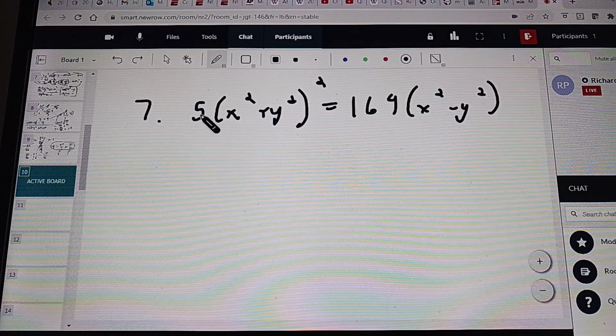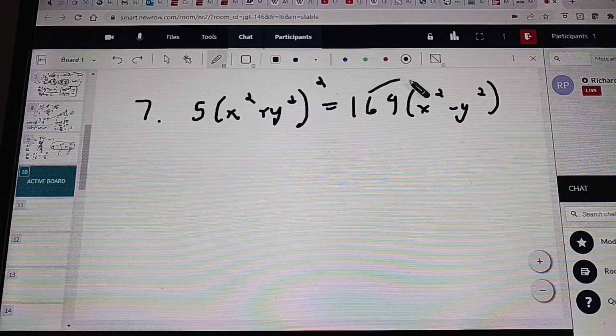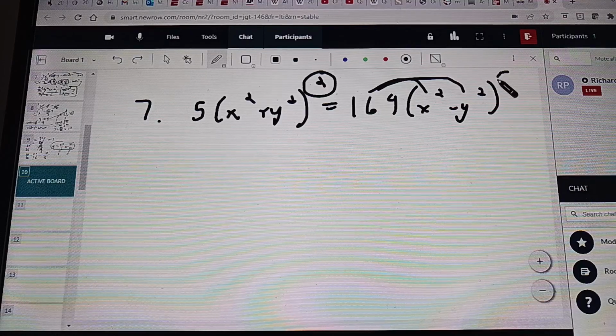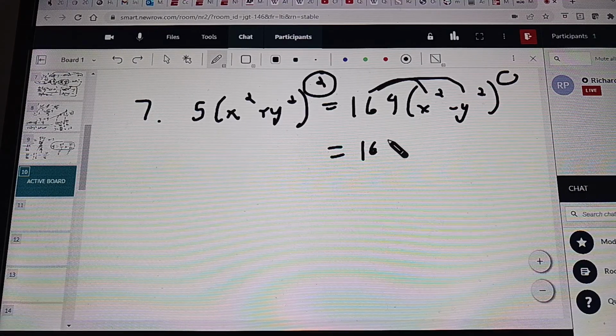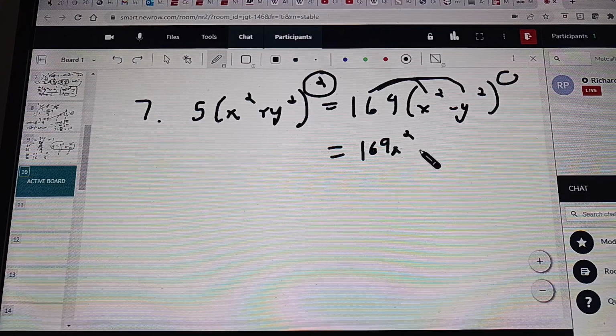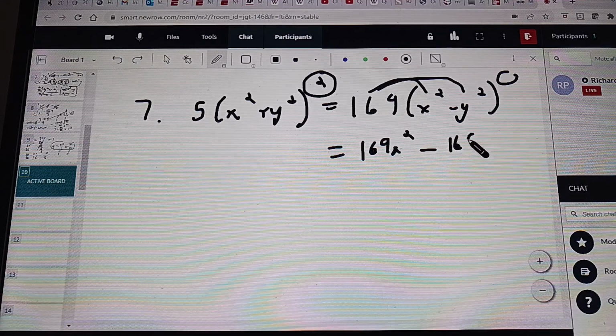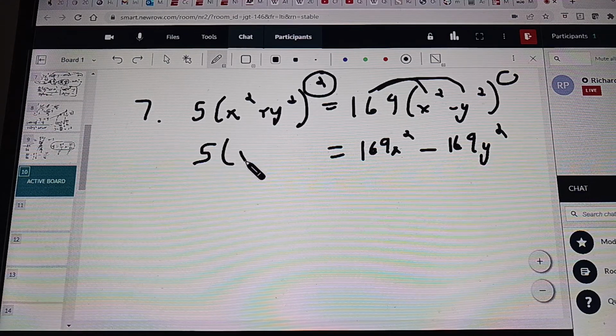Now you can't distribute this 5, but you could distribute this 169 because there's a square here, but this one doesn't have an exponent. So it might be better if I make the right side 169x squared minus 169y squared. There's no way to simplify the left-hand side.